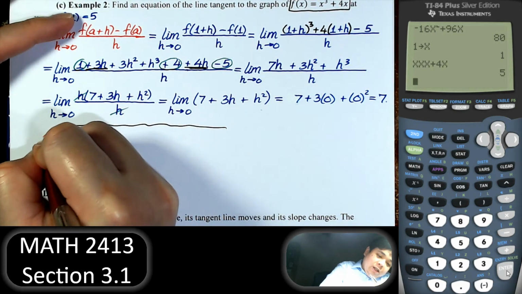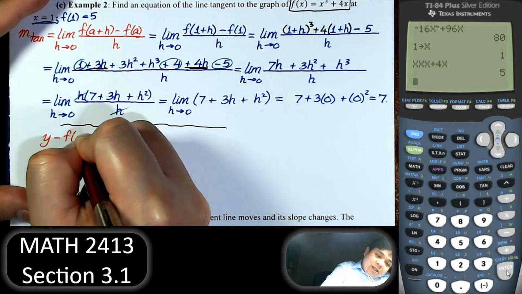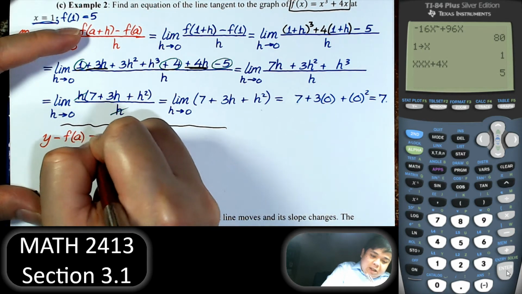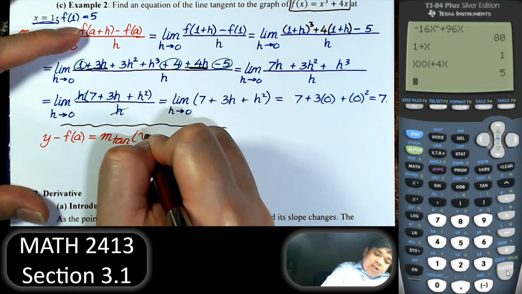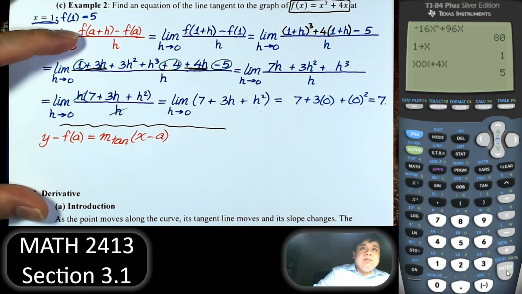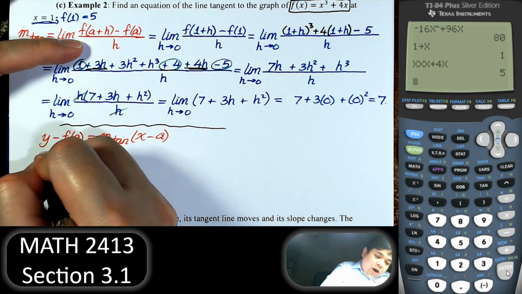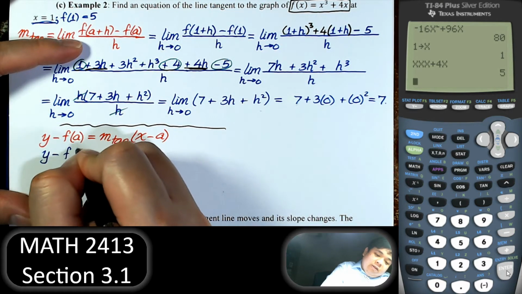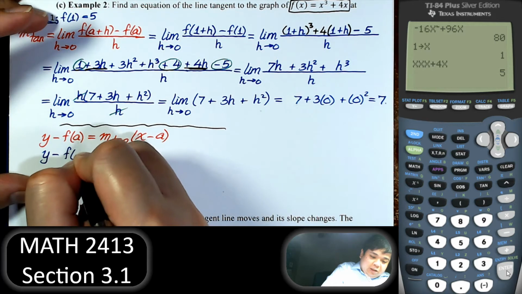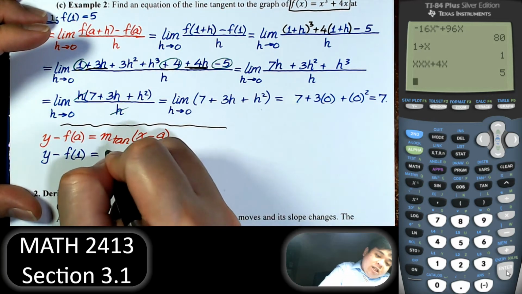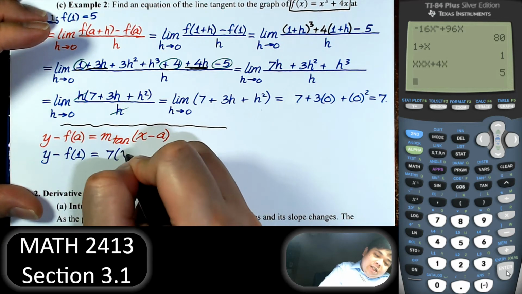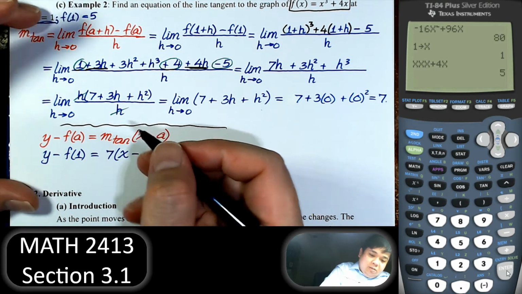Y minus f of a equals the slope of the tangent line times x minus a. So y minus f of a, the slope of the tangent line is 7, and then x minus a is 1.